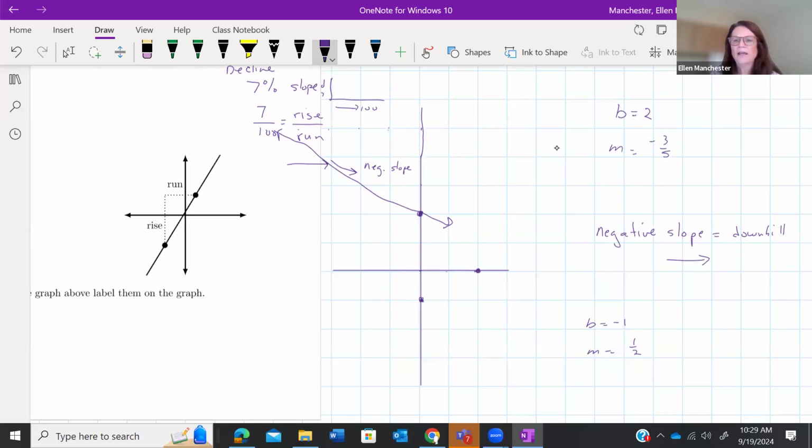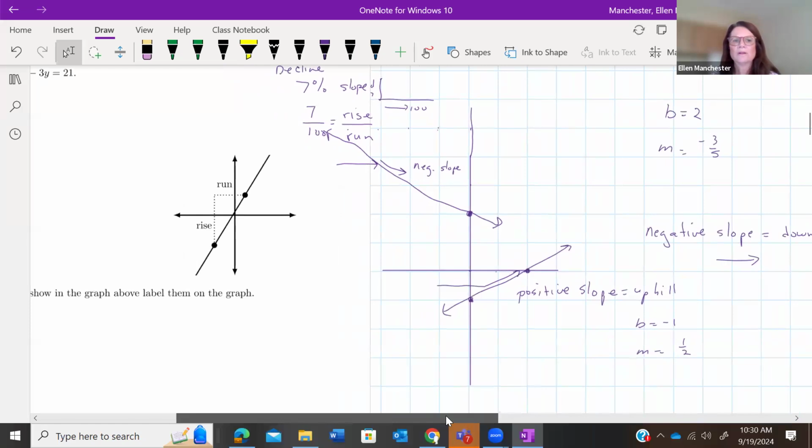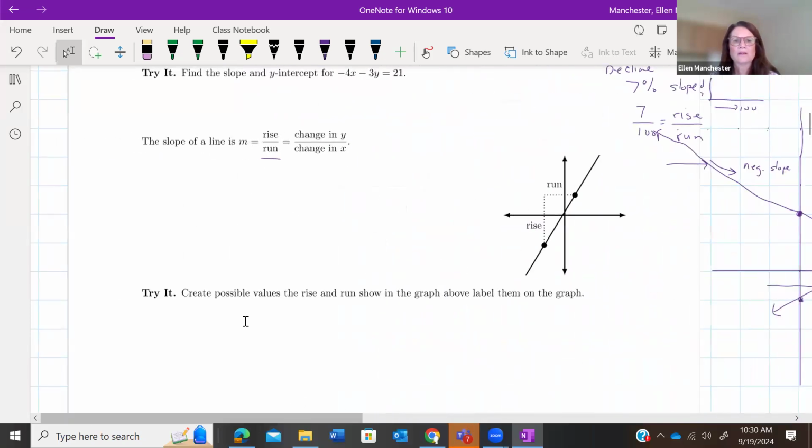Because it's positive, I'm running to the positive side, and this is a positive slope. How do you know it's positive? If I'm walking along and I hit it and I go uphill, that is a positive slope. So it's a real easy check to figure out if you graphed it correctly, positive or negative.